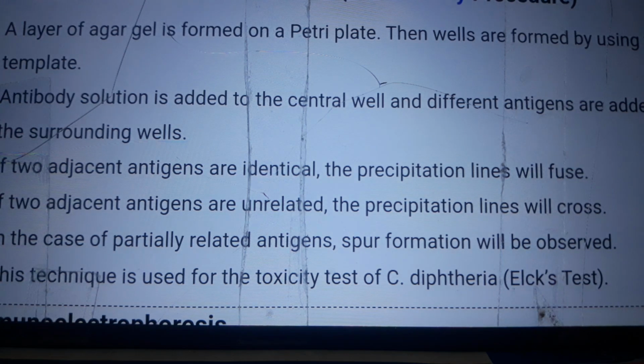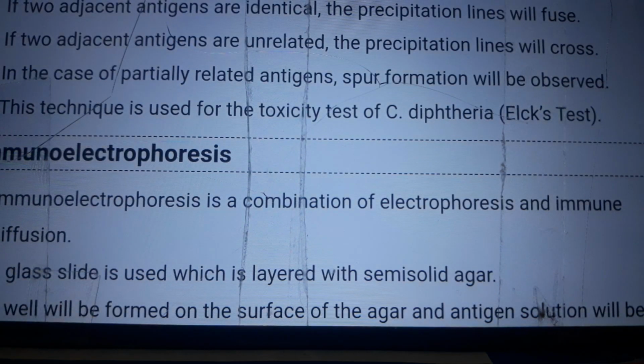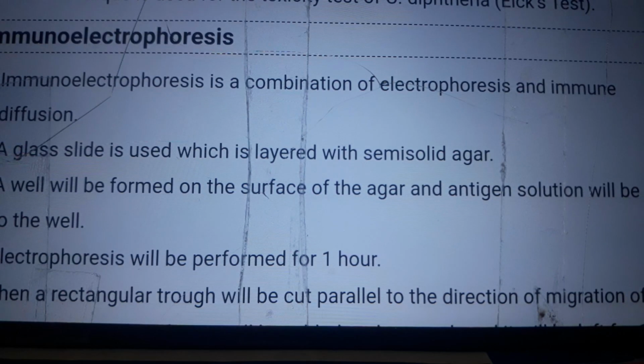Antibody solution is added to the central well and different antigens are added to the surrounding wells. If two antigens are identical, the precipitation lines will fuse. If two adjacent antigens are unrelated, the precipitation lines will cross. In the case of partially related antigens, spur formation will be observed. This technique is used for the toxicity test of C. diphtheriae, the Elek test.